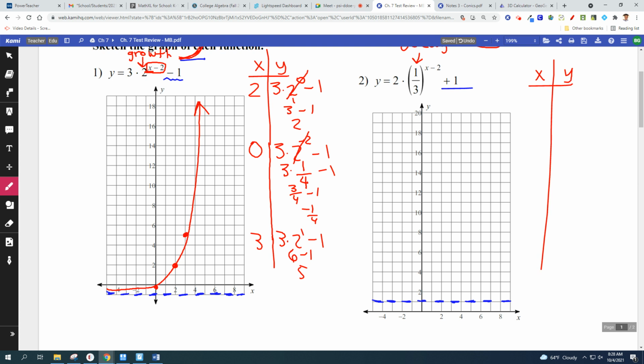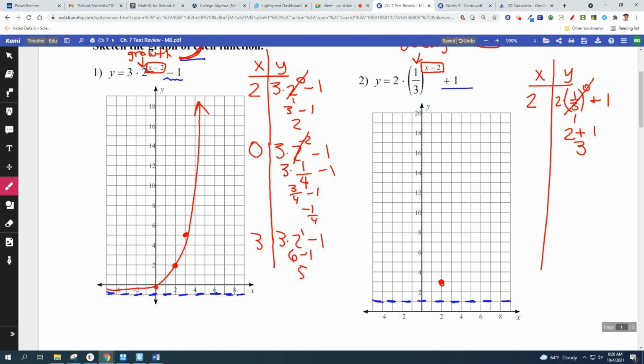So in this case, again, I think 2 is going to be the best number to plug in because that's going to zero out the exponent. 2 times 1/3 to the 0 power plus 1. The reason that's easy is because 1/3 to the 0 is 1. 2 times 1 is 2, plus 1 is 3. I've got the point 2 comma 3. 2, 3 is right there.